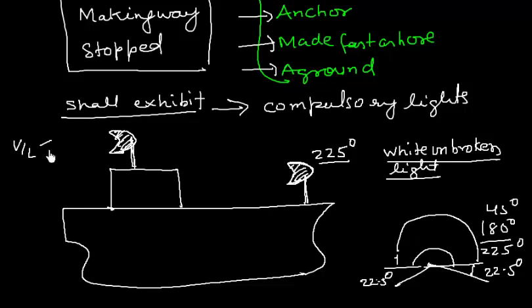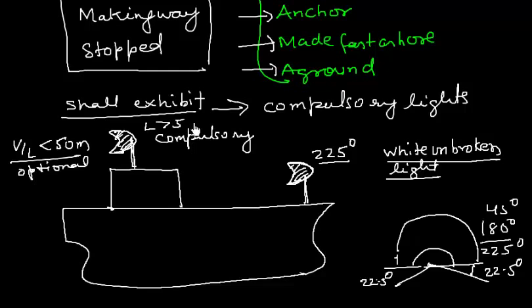So for a vessel less than 50 meters, it is optional, and for a vessel more than 50 meters it is compulsory. A vessel more than 50 meters will have a masthead light aft, which is higher than the forward one.